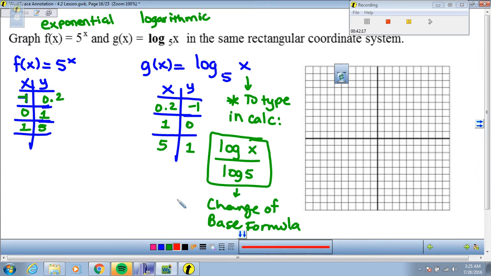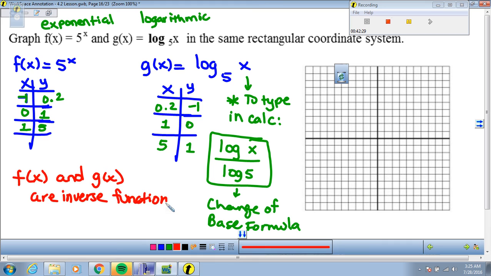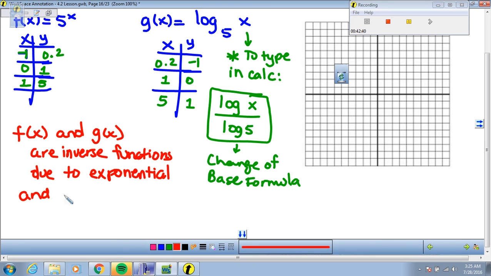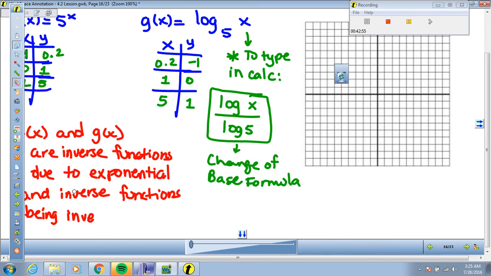So we're going to put here that f of x and g of x are inverse functions, due to exponential and logarithmic functions.